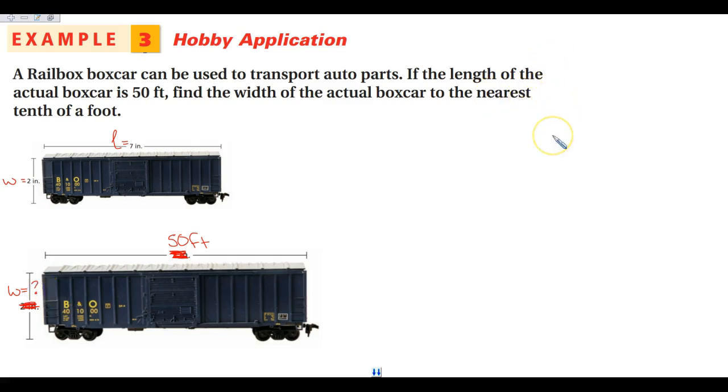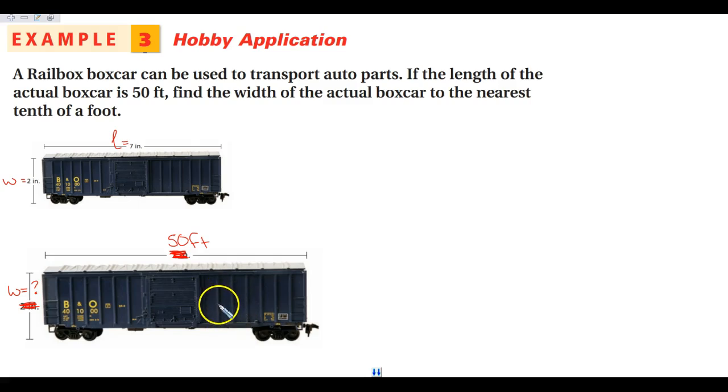When you do a model, it will always be similar to the actual size, to the actual figure. So I know that this boxcar is going to be similar to the real thing.